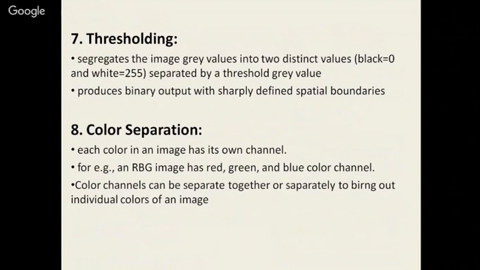So thresholding segregates the image gray values into distinct values, 0 to 255, separated by a threshold gray value. For example, if our data varies from 150 to 200, we can increase the variability by stretching the 150 much lower, nearer to 0, and the brighter value of 200 nearer to 255.